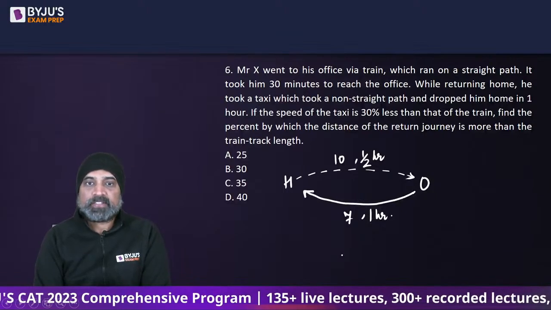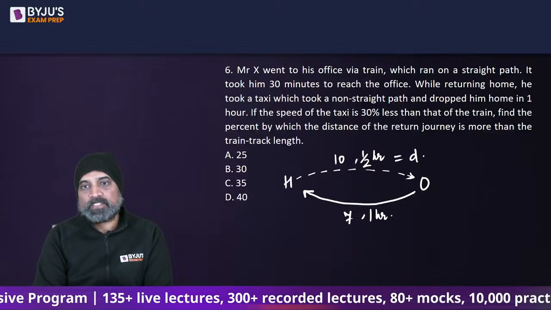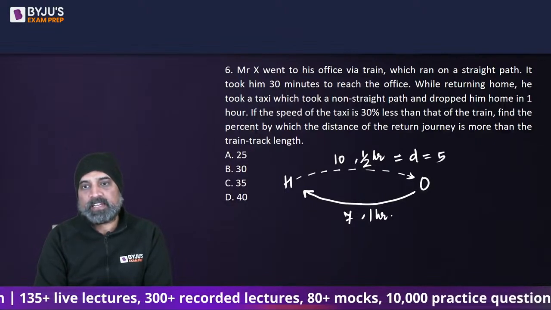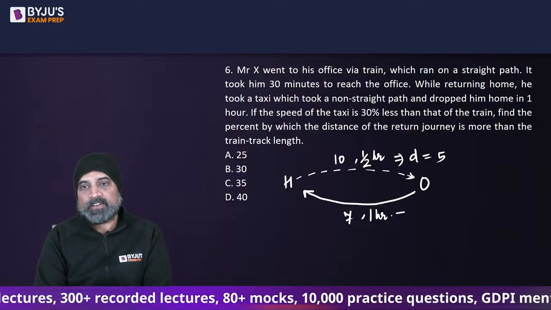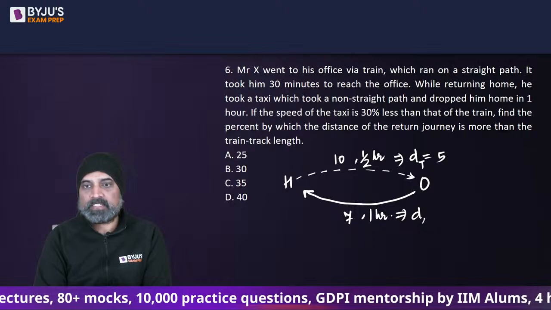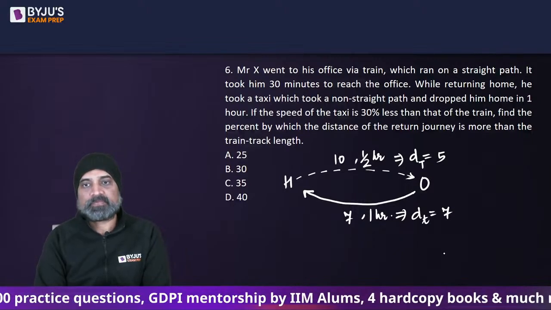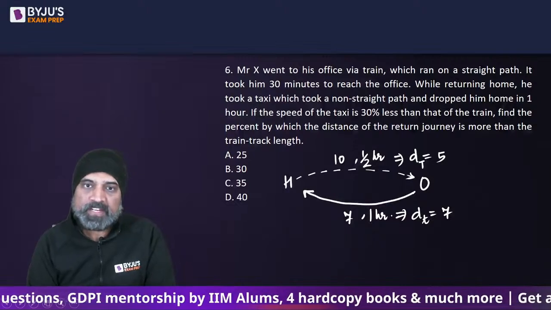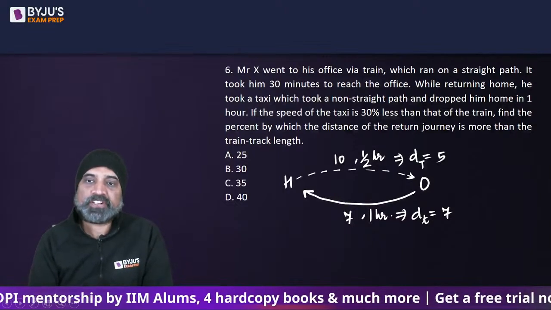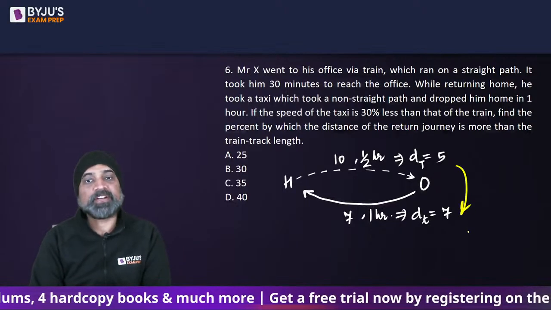Right? So what is the distance that he covers here? Can we say distance covered here is 5? And what is the distance that he covers here? So this is by train and this is by taxi. So this is going to be 7. Question asked is, find the percent by which the distance of the return journey is more than that of the train track.